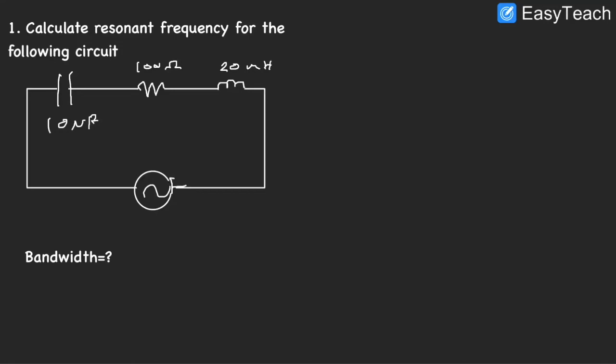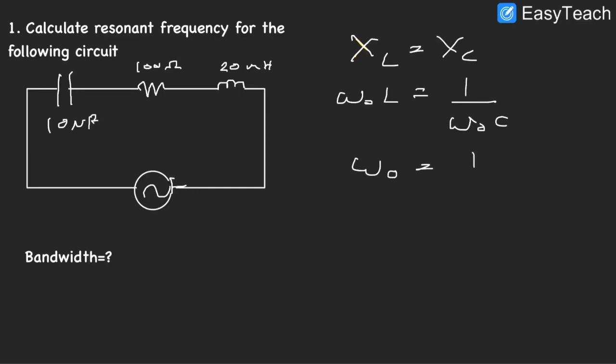We know that resonance occurs when XL equals XC, or simply omega naught L equals 1 by omega naught C, or omega naught equals 1 over square root of LC. So this is the simplified expression. Now we've got to find omega naught.